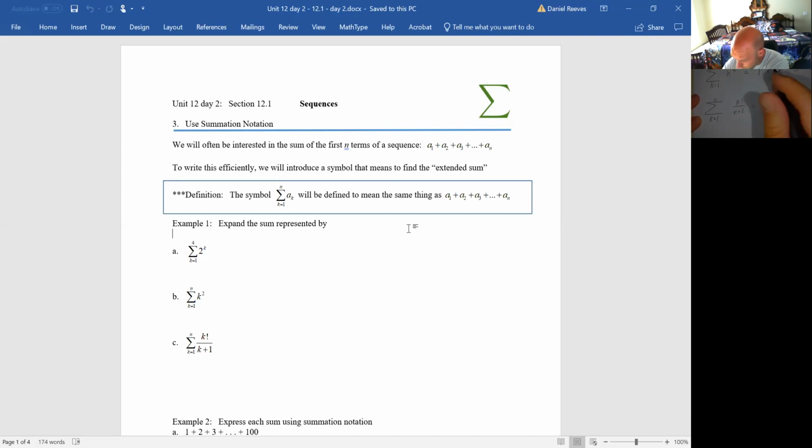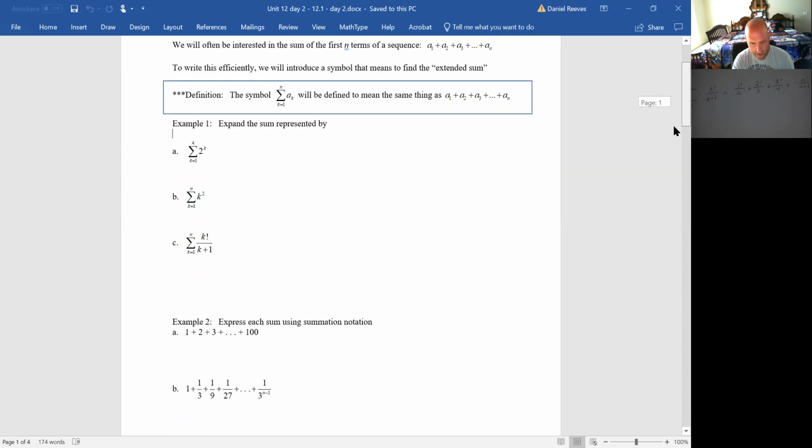Well, all the terms, the things separated by an addition sign, will look like 1 factorial over 1 plus 1, plus 2 factorial over 2 plus 1, plus 3 factorial over 3 plus 1, plus dot, dot, dot, n factorial over n plus 1. So that's it.